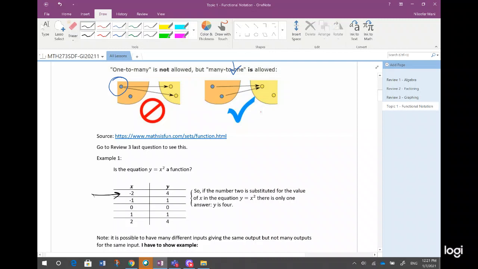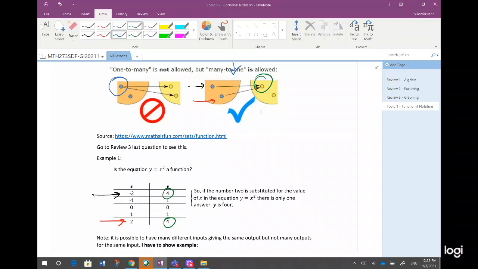Look at these two different x's: they give you one y, just one y. I changed the color here. It doesn't matter, this is a function, that's okay.